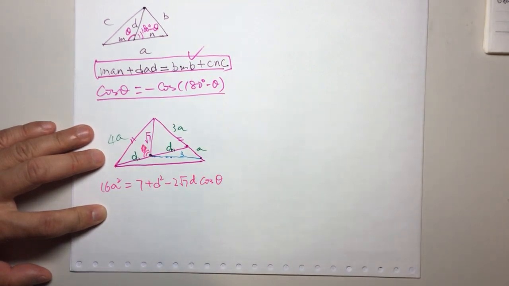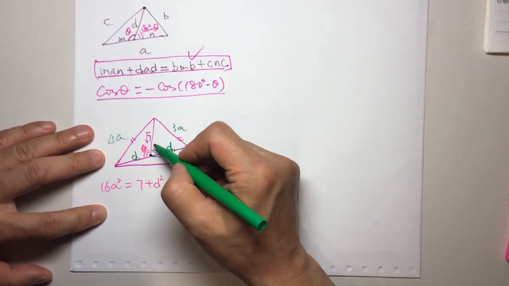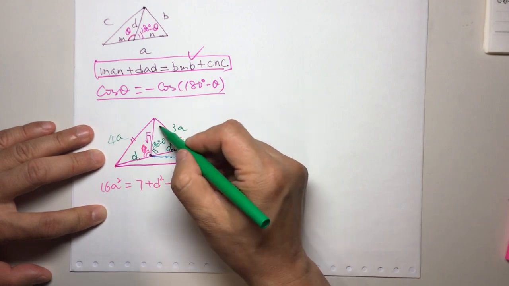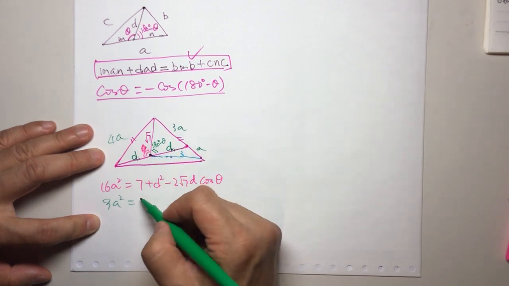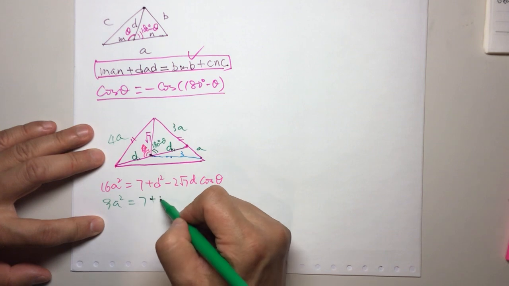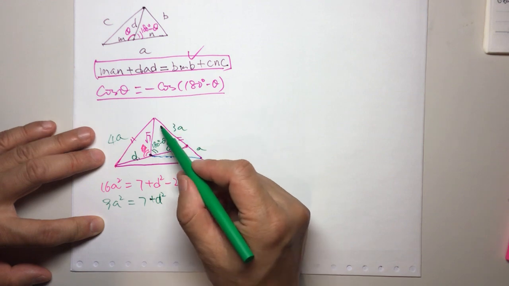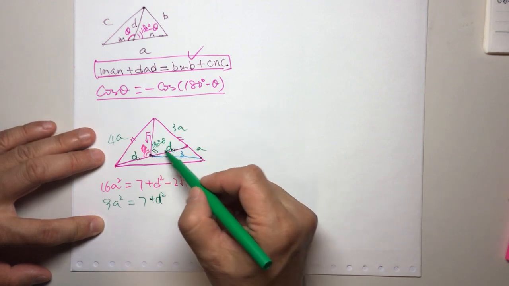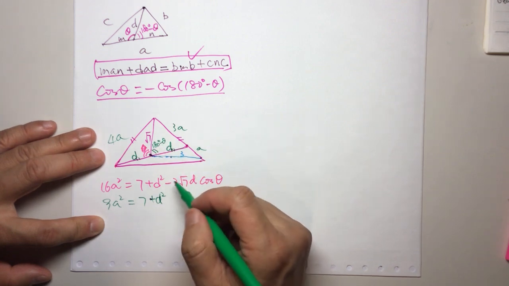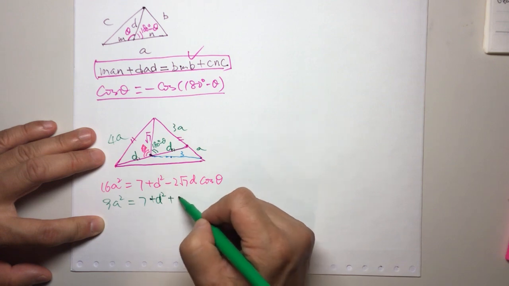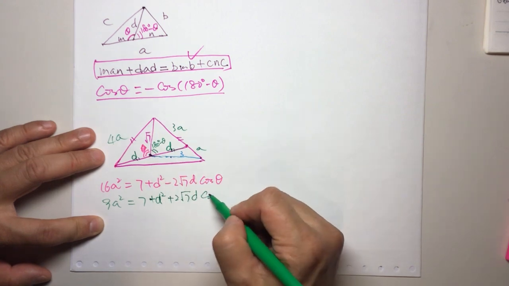And for this triangle, because this is 180 degrees minus theta, we got 9a squared equals also 7 plus d squared, and cosine of 180 degrees minus theta is negative, so minus negative, I can use plus, 2 times this side times this side times cosine theta.